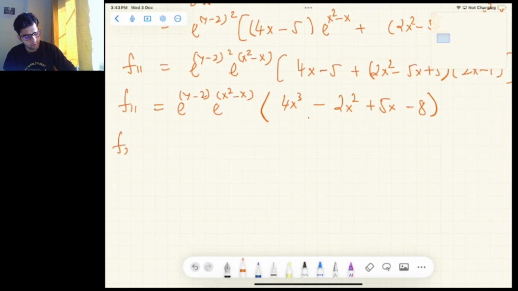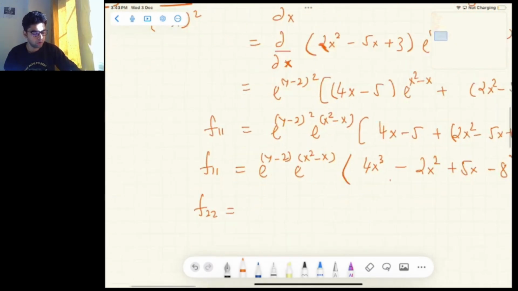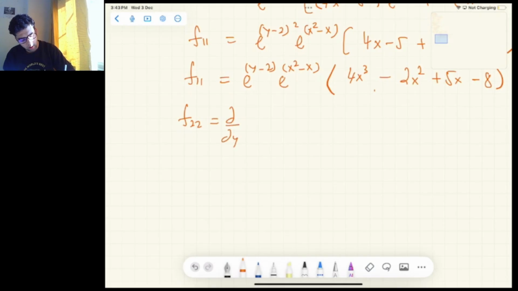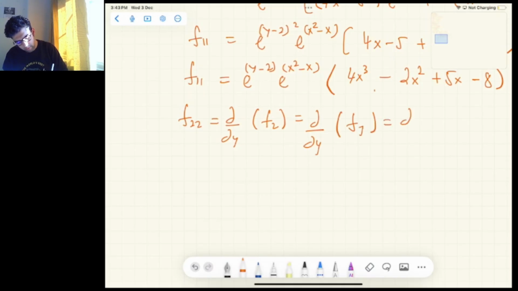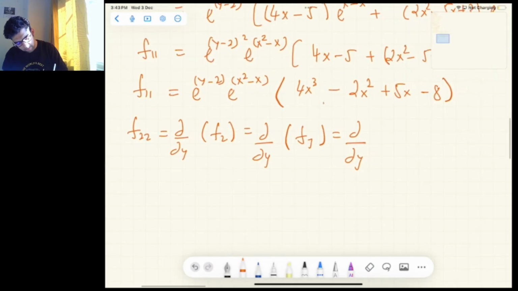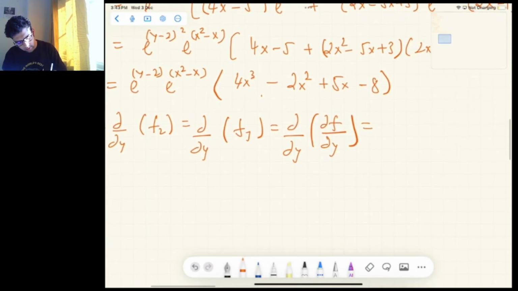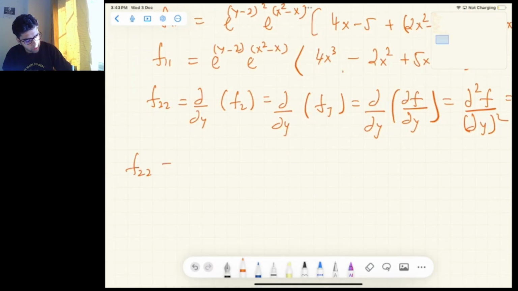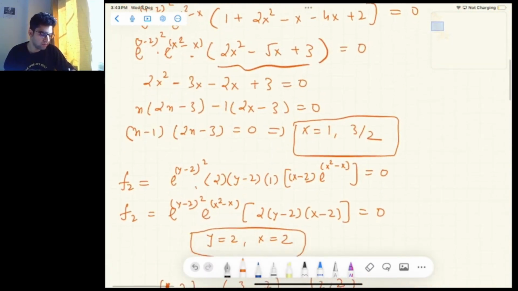So now I need to find f of 2 comma 2. f of 2 comma 2 is del by del y of del f by del y, which can be written as del square f by del y whole square, which is equal to f22. So now, finding f22, what I'll be doing is del by del y. Now I'll be finding out the expression. I'll be just copying the expression from above.